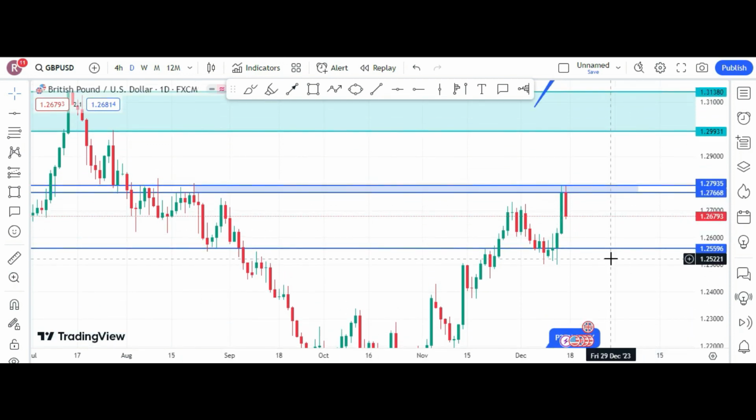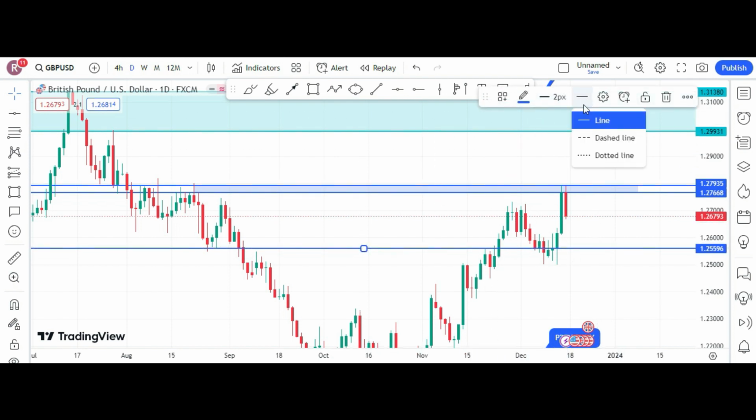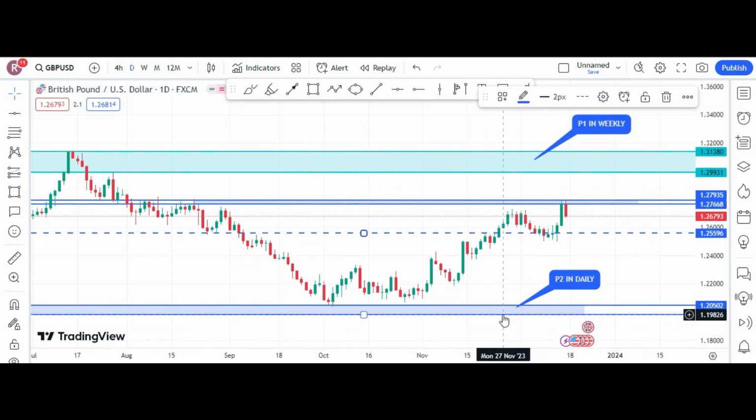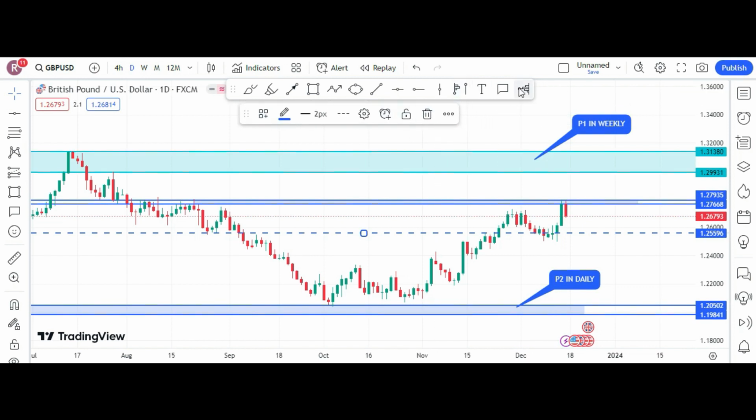So our range now, this range has become invalid, which was half actually of these two, pattern 1 and pattern 2. But now as we have a new pattern, this is pattern 3 now.